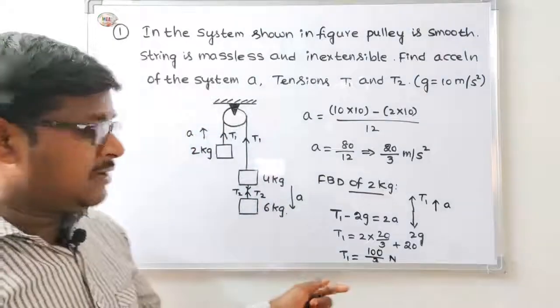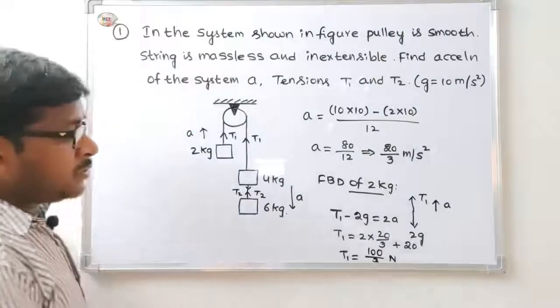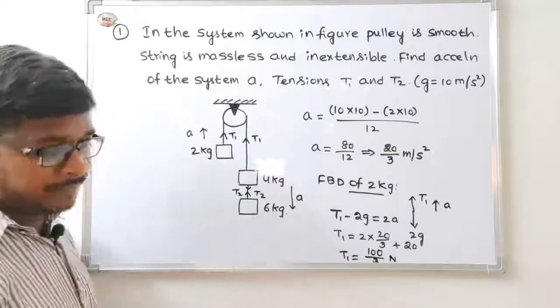This is T1. T1 is equal to 100 by 3 Newton. Next, to find T2, take the 6 kg block.